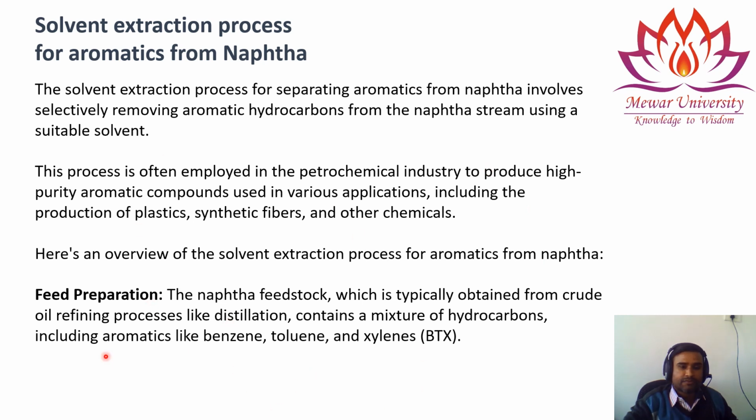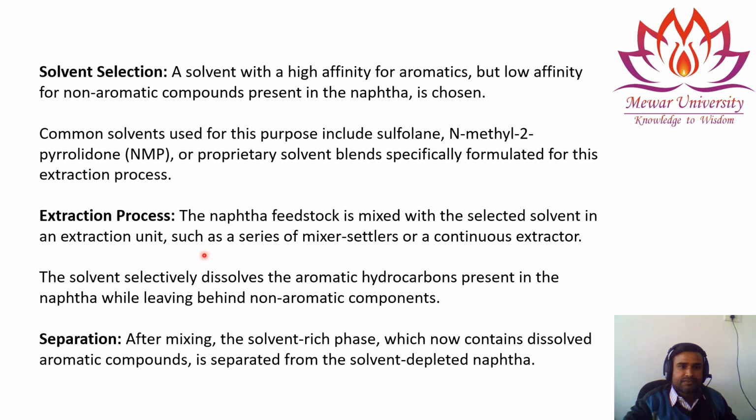Once the feedstock is selected, we go to the next stage, that is solvent selection. We have to choose a solvent that has a high affinity for the aromatics but a low affinity for the non-aromatic compounds present in the naphtha. Commonly used solvents for this purpose are sulfolane, which is basically a solvent used to separate aromatics from naphtha. Another solvent is NMP, that is N-methyl-2-pyrrolidone.